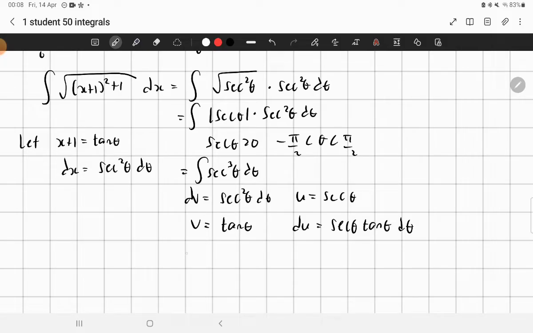So you can express this as tangent theta secant theta, and then minus the integral of secant theta tangent squared theta d theta.